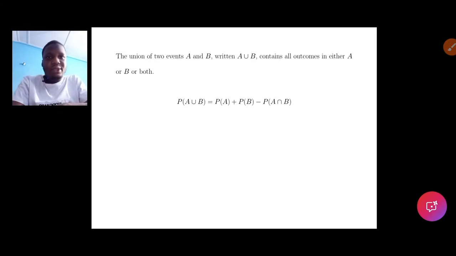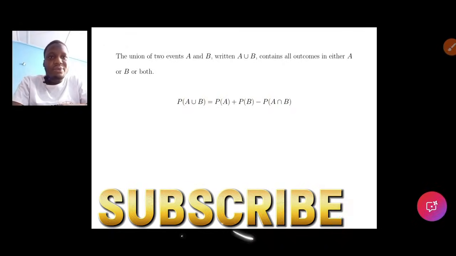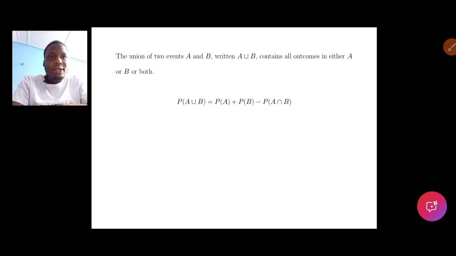Okay, so right away, let's talk about what the union of a set is. So we have here that the union of two events, A and B, written as A ∪ B. So that's the symbol for the union, a U sign, as you know from your senior high and your basic levels.